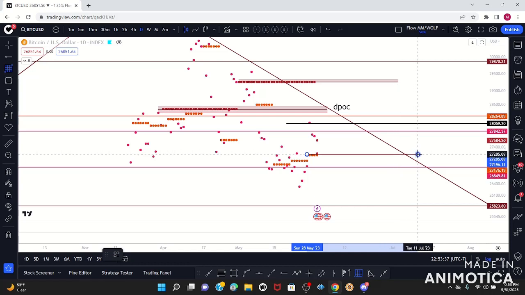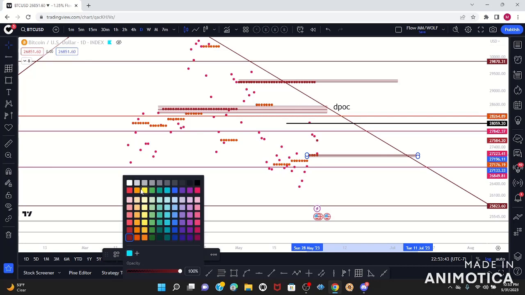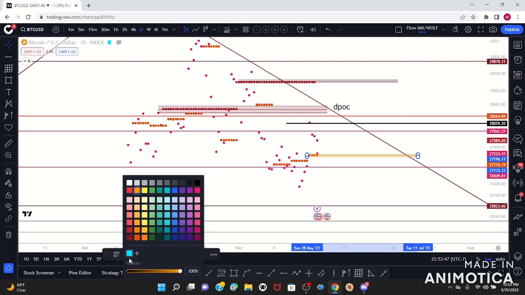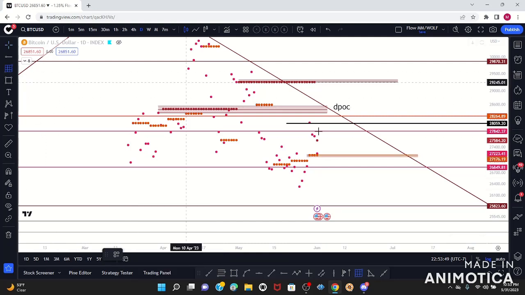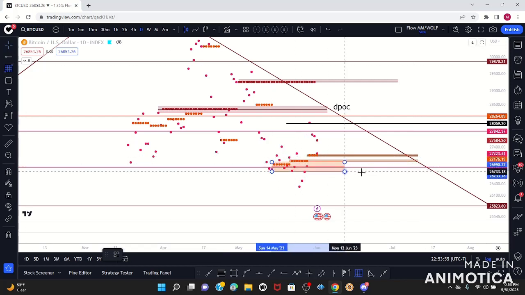So let me just extend it a little bit. This is my orange, and I like to do it without the wicks, just so you could visualize what I'm doing more than anything, right? Just highlight important ones. We got 3 back to back here.